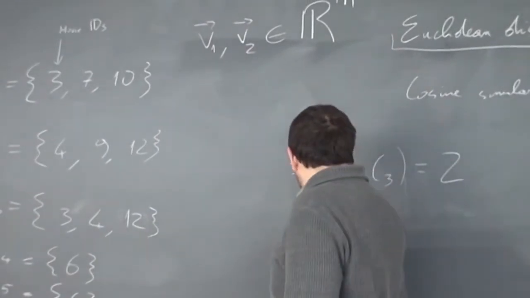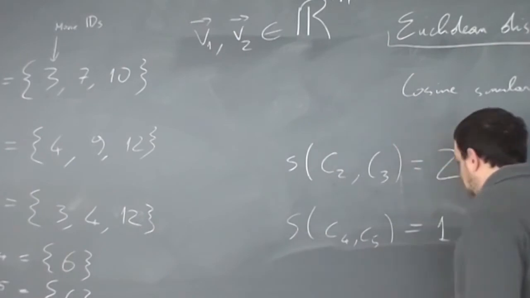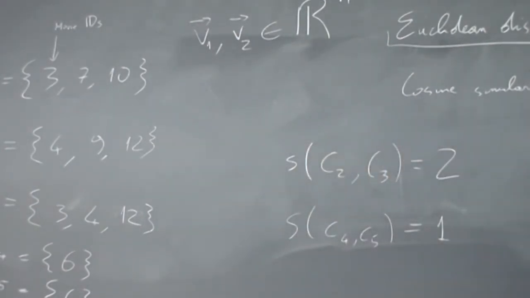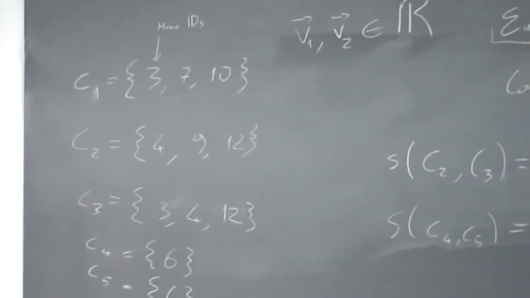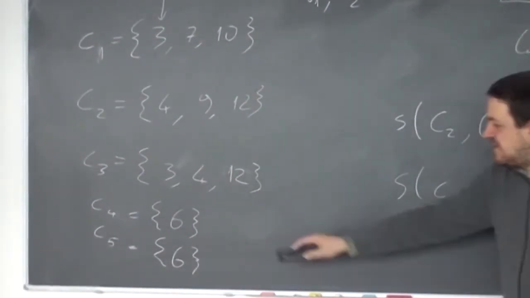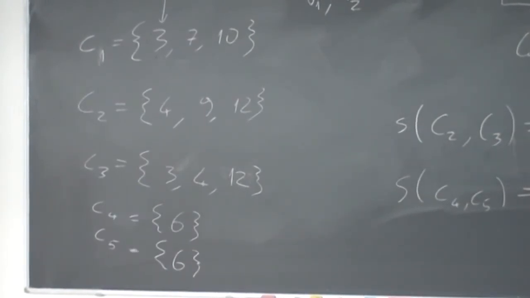While the similarity between C4 and C5 is 1, because they have one common item. Well, actually, if we look at those purchasing histories, you see, C4 and C5 are identical. So their similarity should be the maximum.